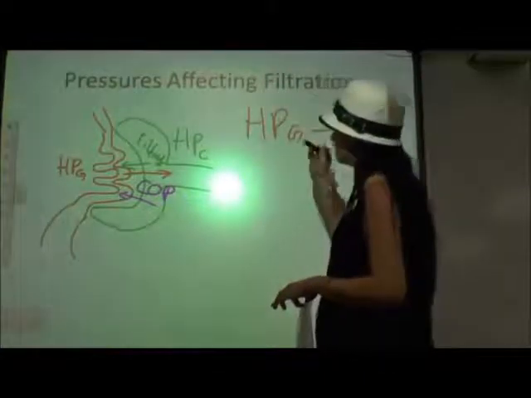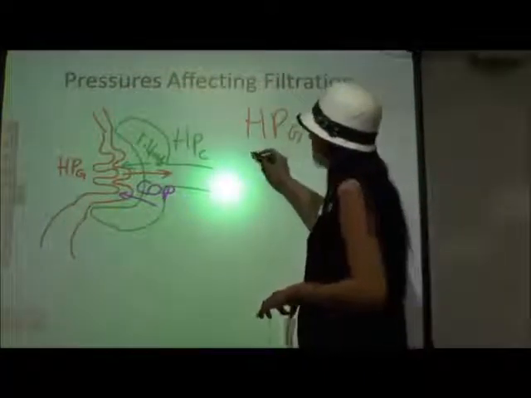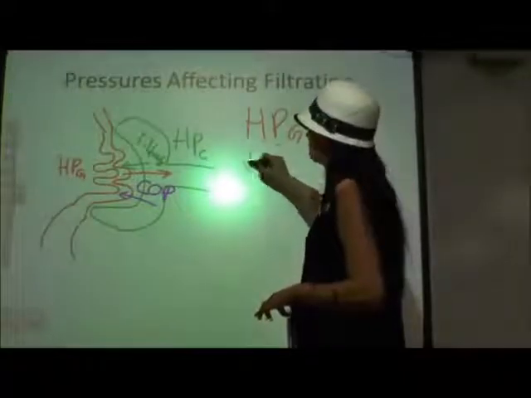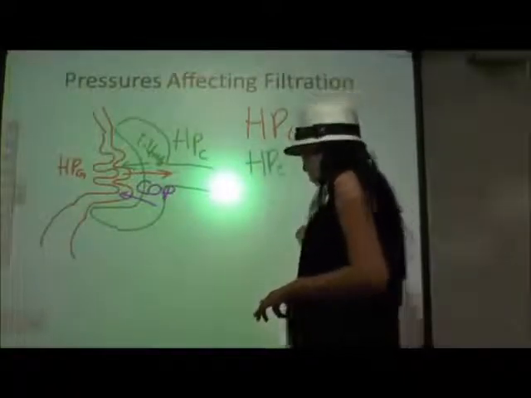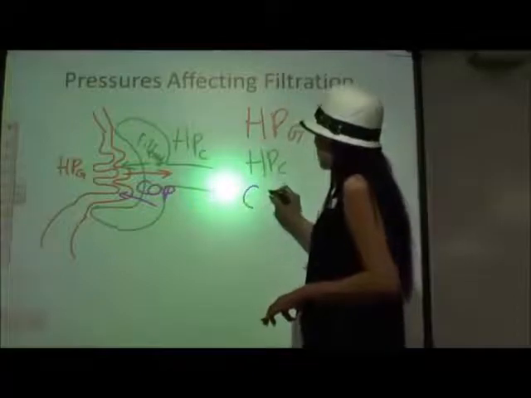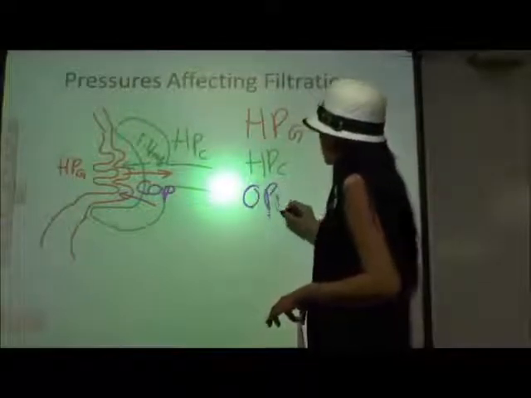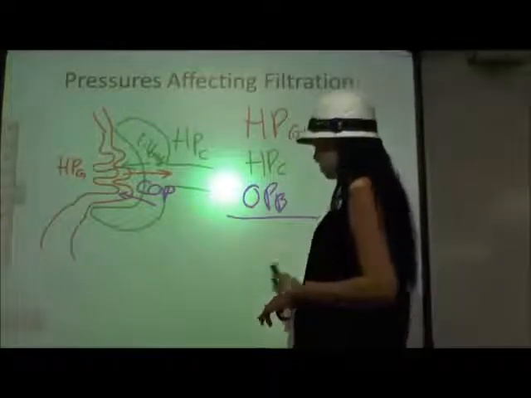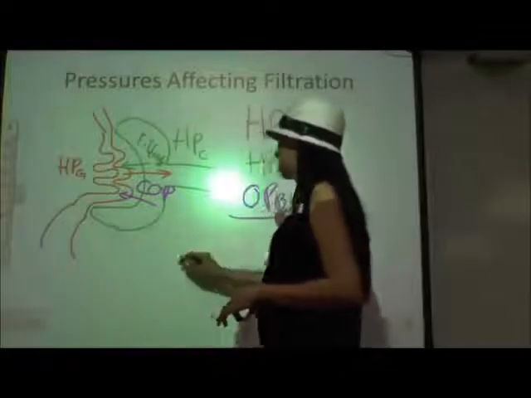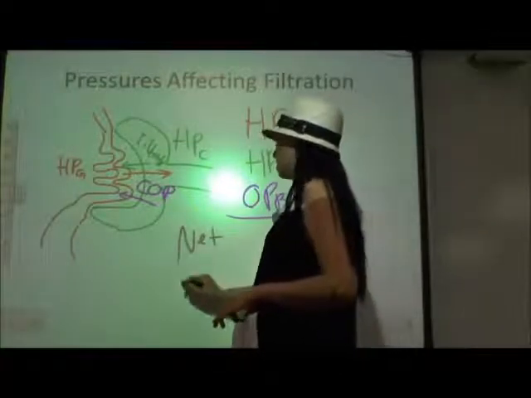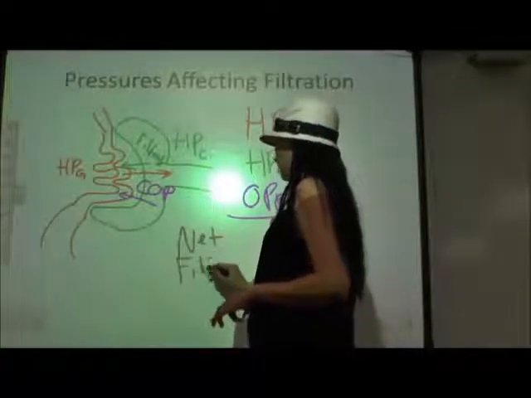So we have to take all of these things into consideration to decide how much filtration is actually going to happen. This total value will give us what's called our net filtration pressure, or NFP.